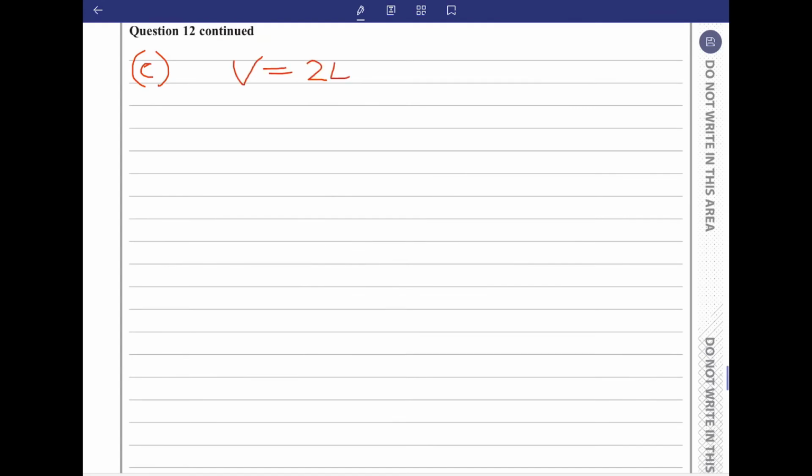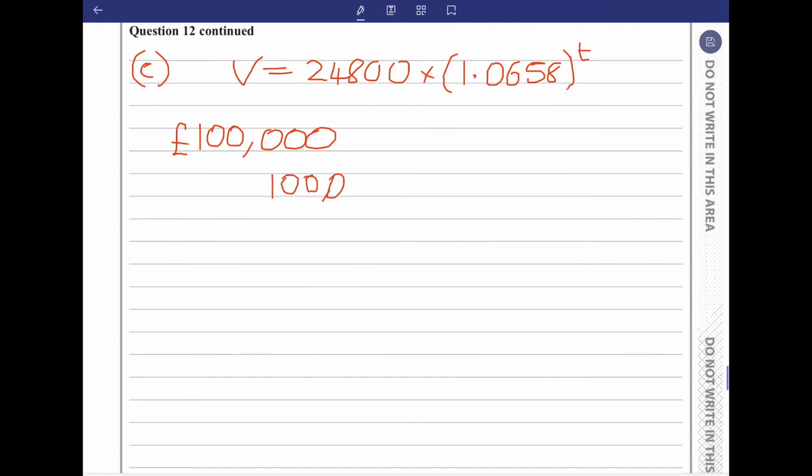So it's 24,800 times by 1.0658 to the t. And we're looking for when the value reaches 100,000. So let's plug that in to V. So we get 100,000 equals 24,800 times by 1.0658 to the t.